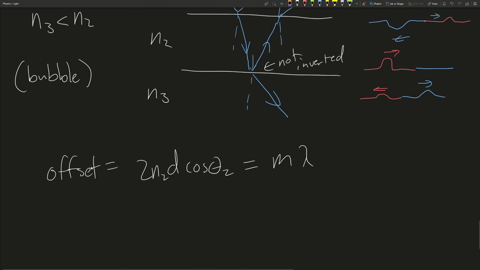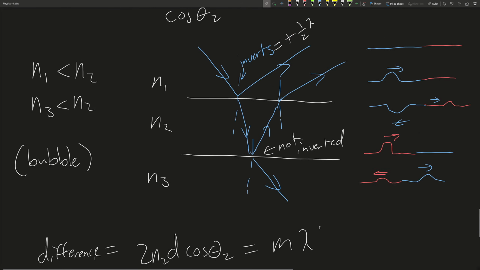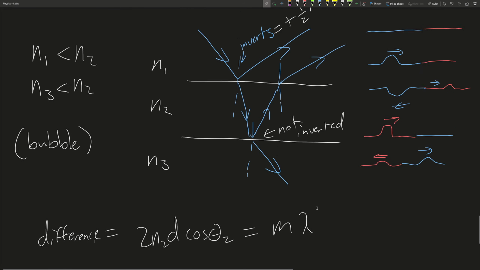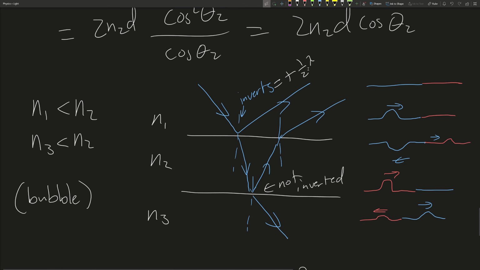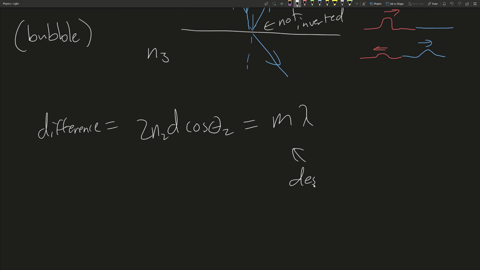I'll call this the difference now. So when it's a full integer multiple of a wavelength and you add the inversion, then this would be destructive interference.